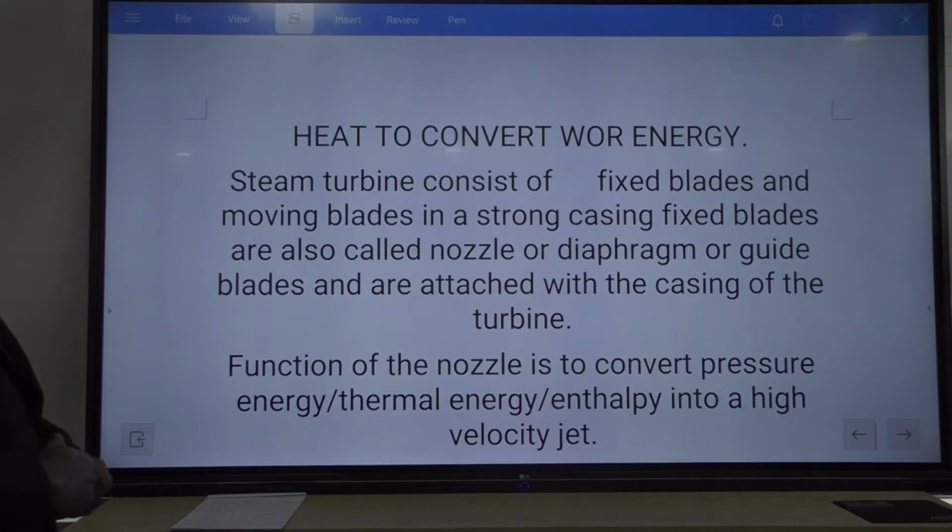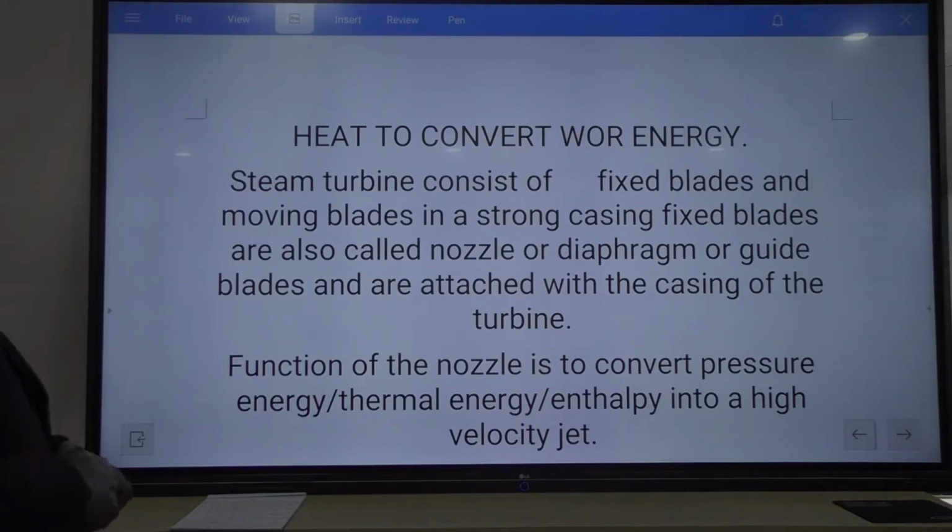Fixed blades work like nozzles, where the pressure drops and the heat energy is converted into kinetic energy. In the moving blades, the kinetic energy is converted into mechanical energy, that is work output. We get the work output in the moving blades.